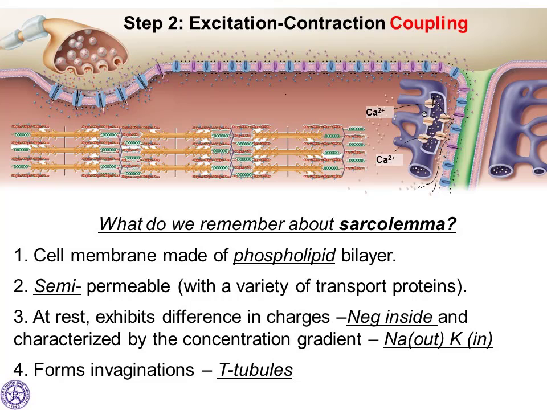The inside's more negative. Now the other thing we need to remember before we get on with this coupling is our sarcolemma dives down into the cell. And what do we call those invaginations? T-tubules. T is for transverse. See how this is about 90 degrees to our plasma membrane? That's why they call them transverse tubules.